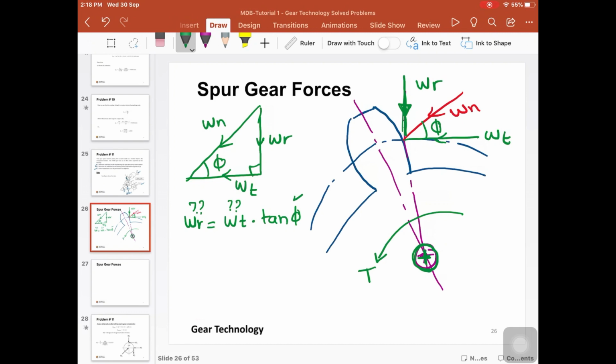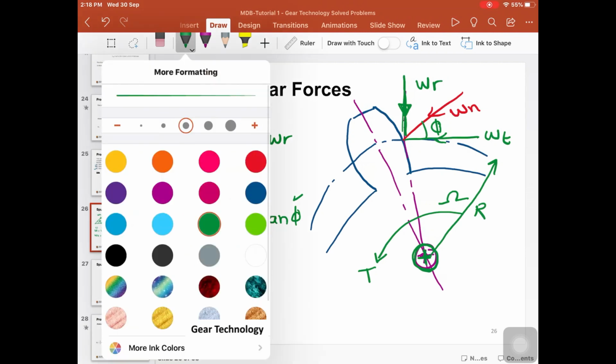It rotates with angular velocity, capital omega. Okay, so Wt, the tangential force, is equal to the torque divided by R, where R here is the radius of the pitch circle of this gear. Okay.